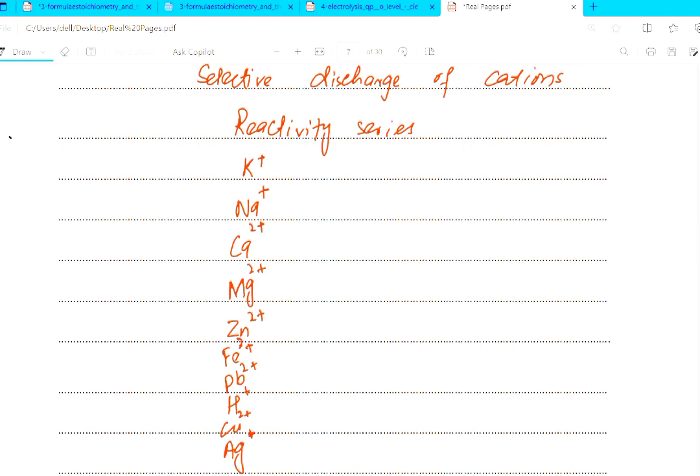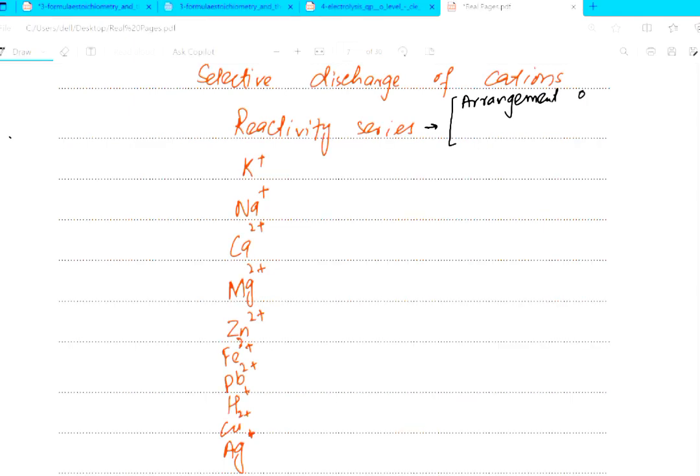Reactivity series means a series which arranges the metals from the most reactive to the least reactive.